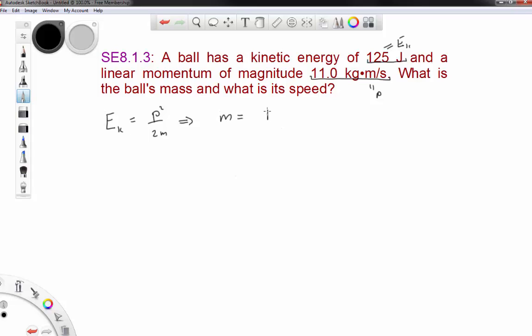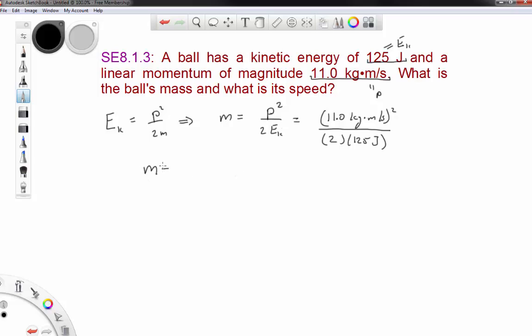What you end up with is that the mass is the magnitude of momentum squared divided by twice the kinetic energy. So that would be 11.0 kilogram meters per second quantity squared divided by 2 times 125 joules.